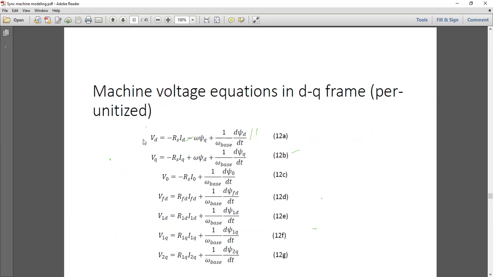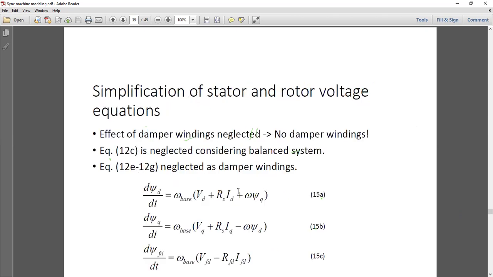Simply we are taking omega base on this side and the other terms on the other side, making d psi d over dt have a coefficient equal to 1. Similarly for d psi q over dt and d psi fd over dt, with a coefficient equal to 1, taking everything else on the other side. So we are left with 3 dynamic equations there. Okay, but we are not done yet. So let's see what else is left to reach the third order model.